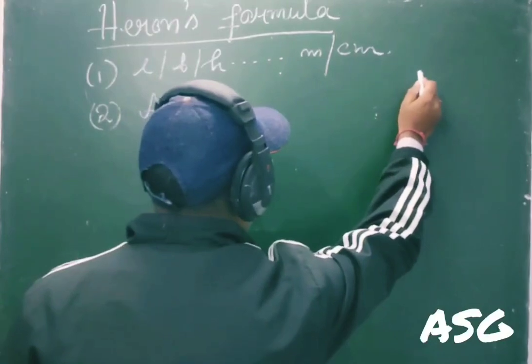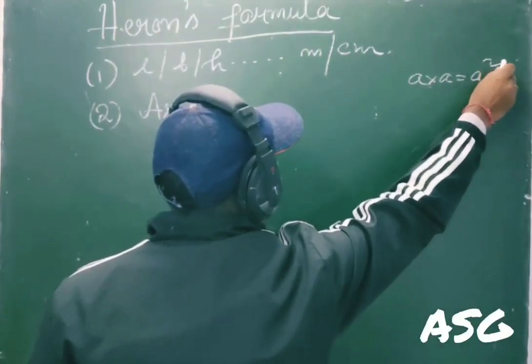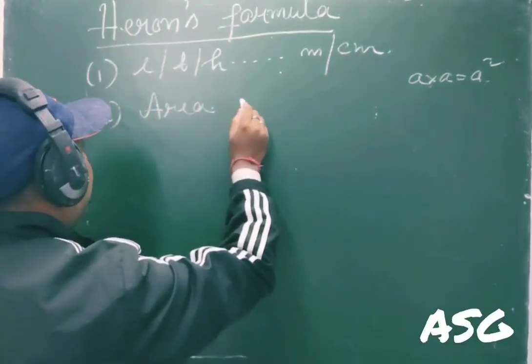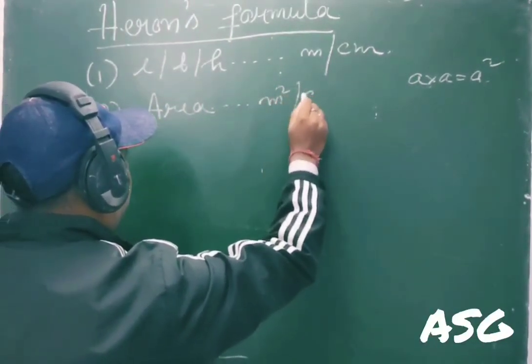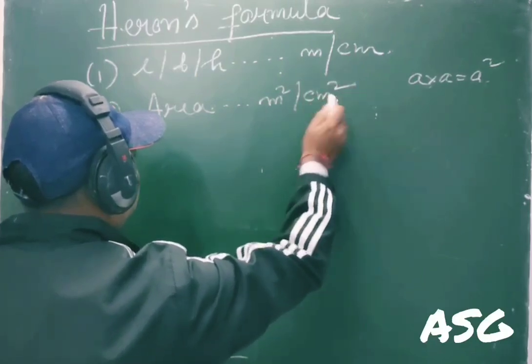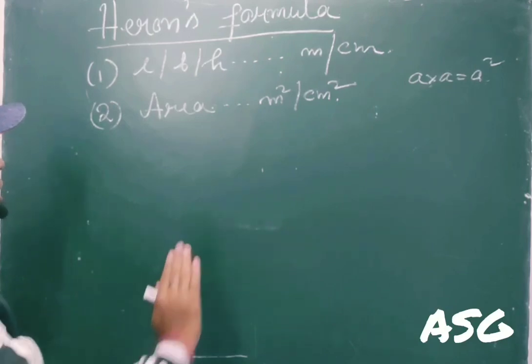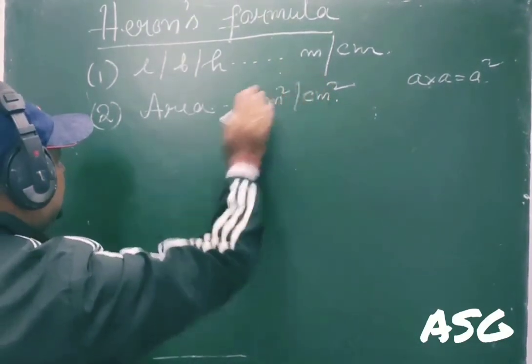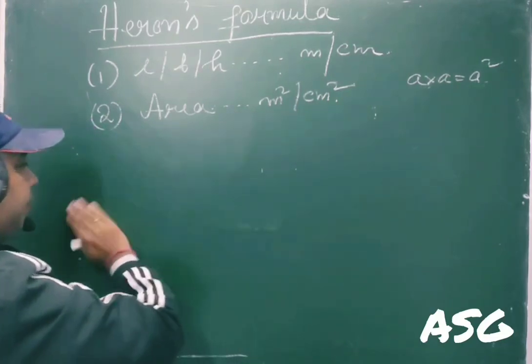As you know, A into A is A square. So the unit of area will be meter square or centimeter square. In very basic terms, all other things are meter or centimeter, only area is meter square or centimeter square so far.